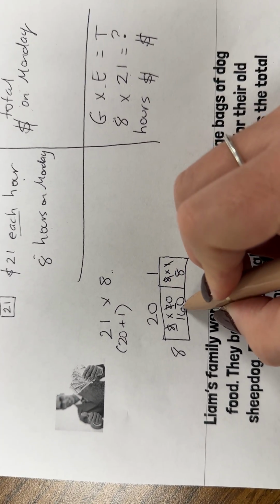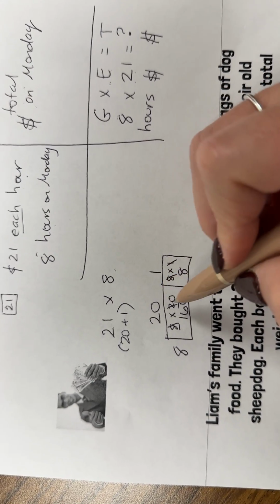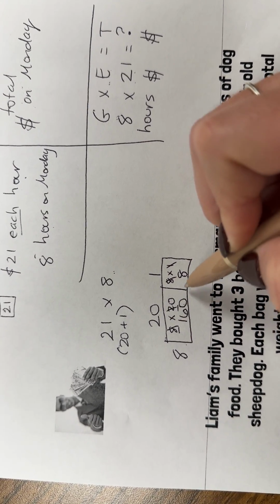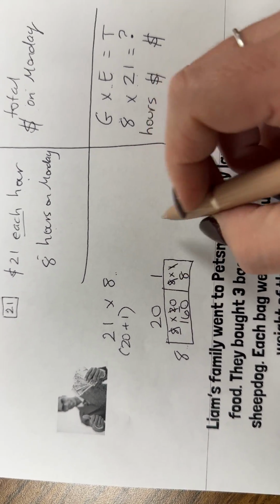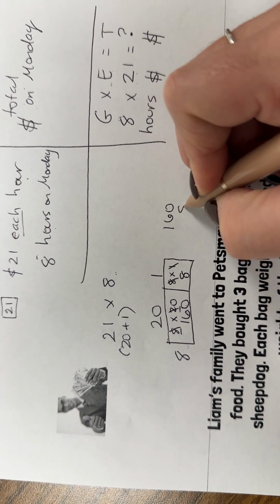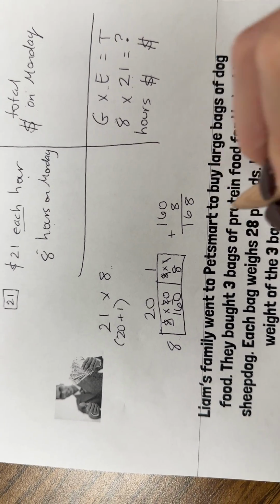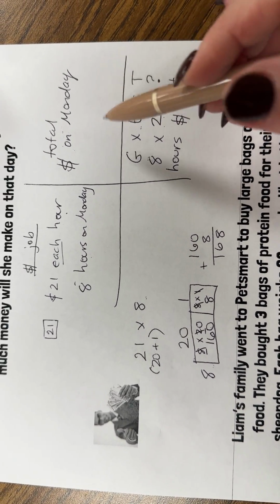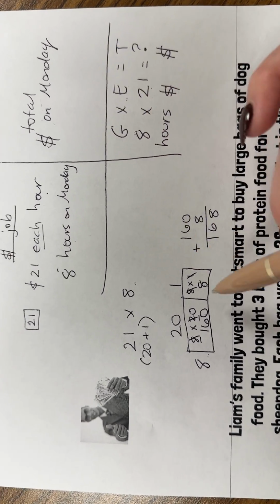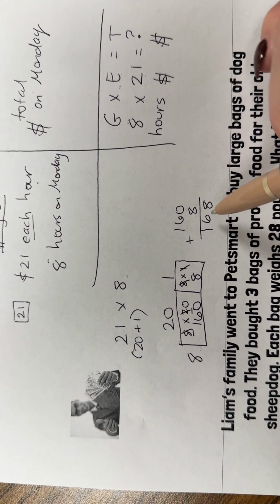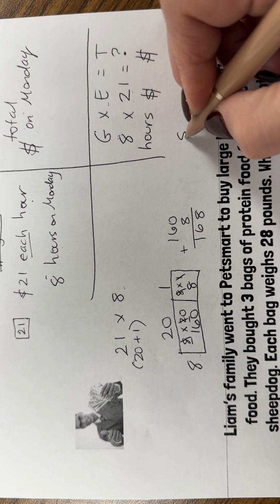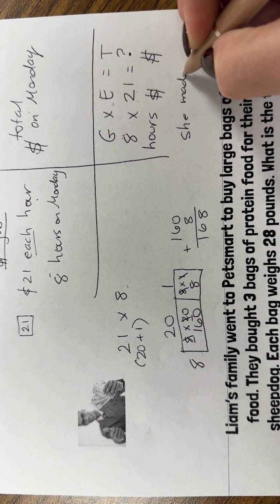And then what they're going to do with these two products right here, so they're taking the product or the total of these two and the product or the total of those two. They're going to add those two together like that, and their total would be 168. So what was the total amount of money she made on Monday? It's $168. So we would write she made 168.